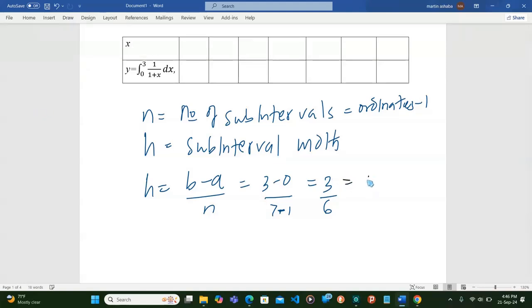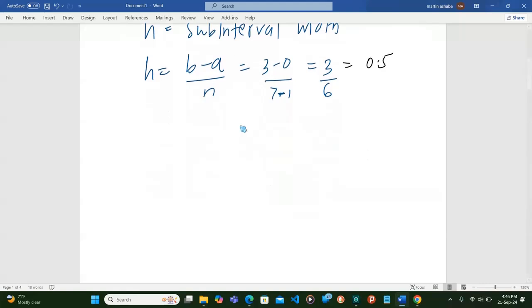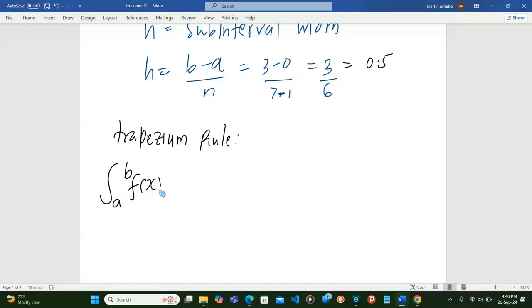So h is 0.5. Now, I know that the trapezium rule formula says that the integral from a to b of f of x with respect to x is approximately, not equal to, because this is not an exact integral but an approximate integral, h out of 2.